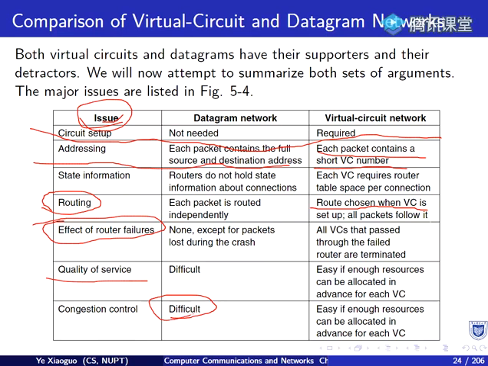So quality of service and congestion control are both difficult for datagram networks, but easy for virtual circuit networks. So we cannot easily decide which one is best, because datagram has some advantages, but the virtual circuit network has other disadvantages.